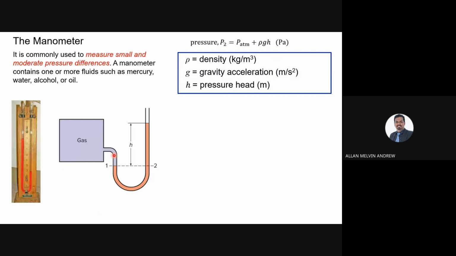Okay, so this is a manometer. A manometer is commonly used to measure small and moderate pressure differences. A manometer contains one or more fluids such as mercury, water, alcohol, or oil. This is a simple manometer. Manometers can be used in various applications.